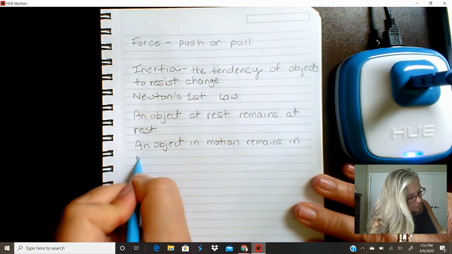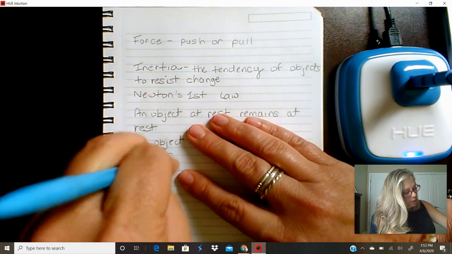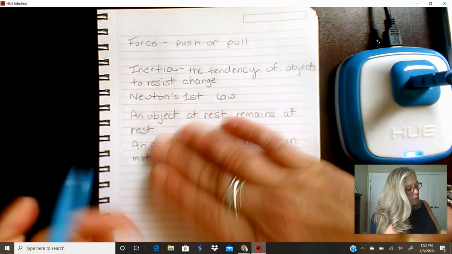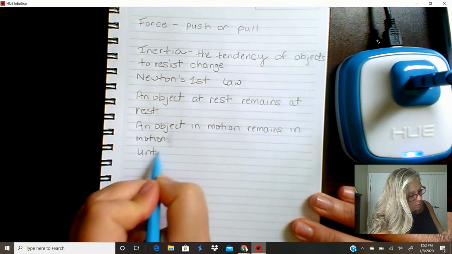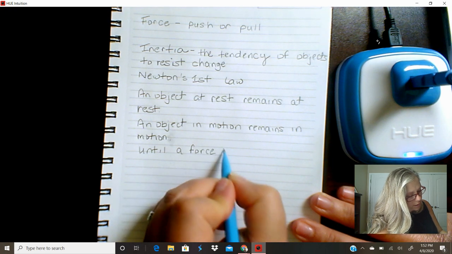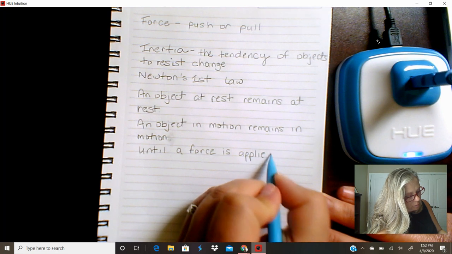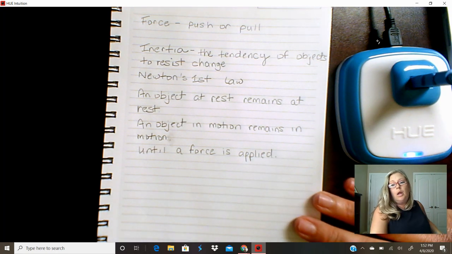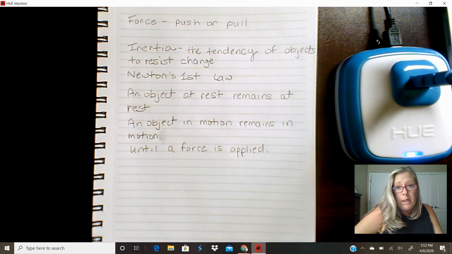In other words, something that's moving is going to keep on moving just the way that it is until a force is applied. Meaning, objects want to keep doing what they're doing. And the only way to stop an object from doing what it's doing is to apply a force.